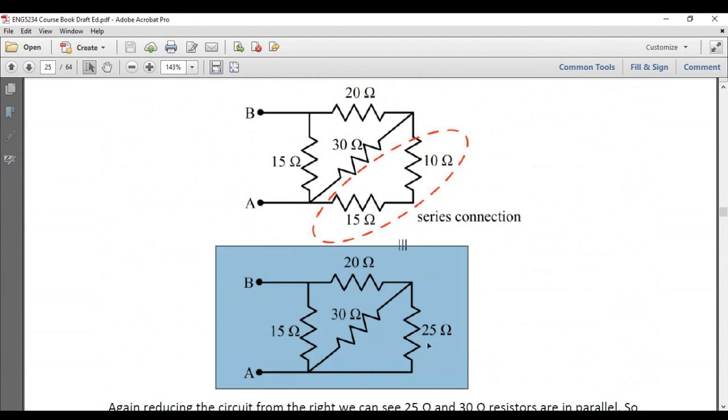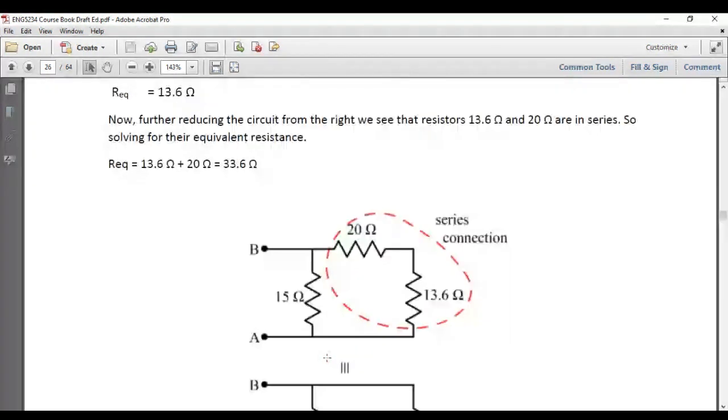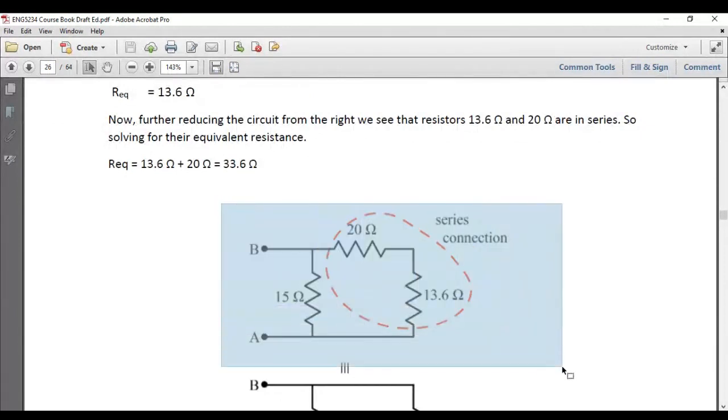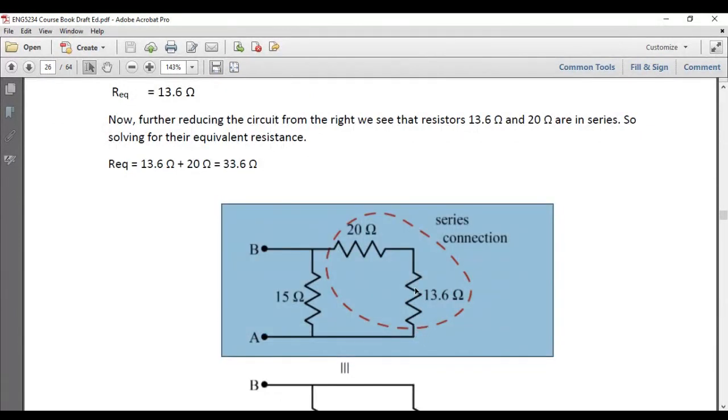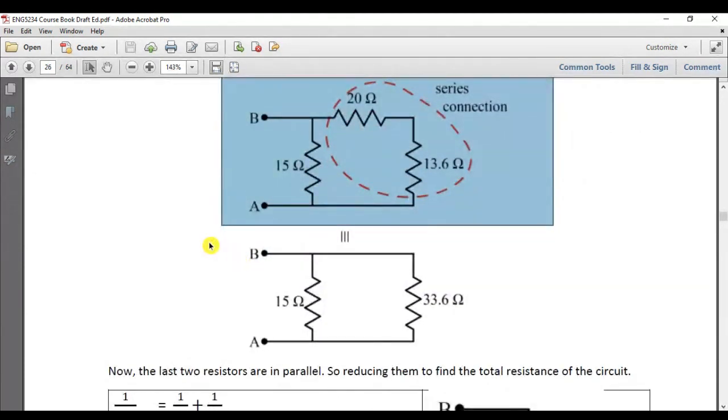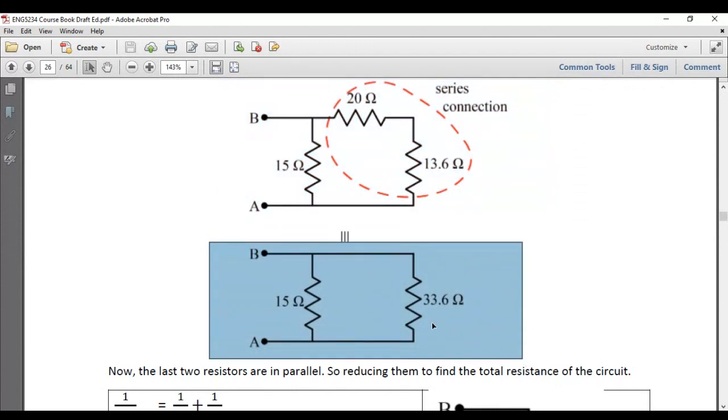So now you have solved these two resistors 30 and 25. So now you draw another simplified circuit as seen here. So this is the result of the two parallel resistors which we just solved. Now again, we can clearly see that these two resistors are in series. Simply add them together and you find this circuit. So you are solving your circuit in stages, in steps.